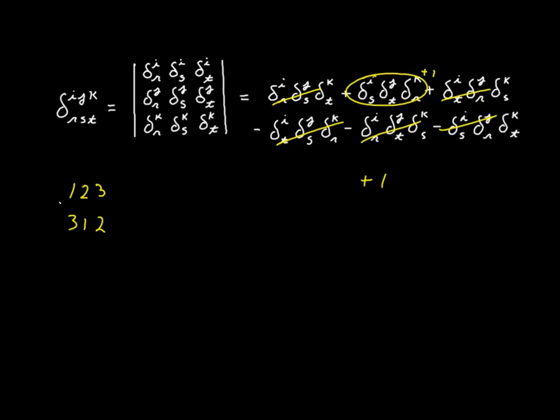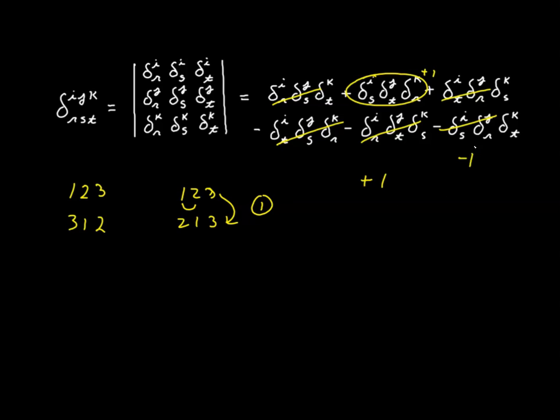Now, notice in this last example, I'll put the other one up too. We had 1, 2, 3, and 2, 1, 3. We were able to change 1, 2, 3 into 2, 1, 3 just by swapping these two indexes. So there's a single flipping operation to go from here to here. And when we did that, we found that the result was negative 1.